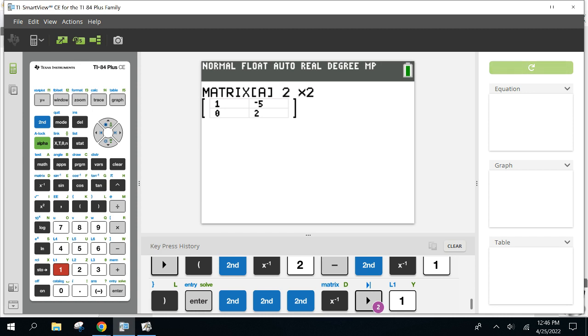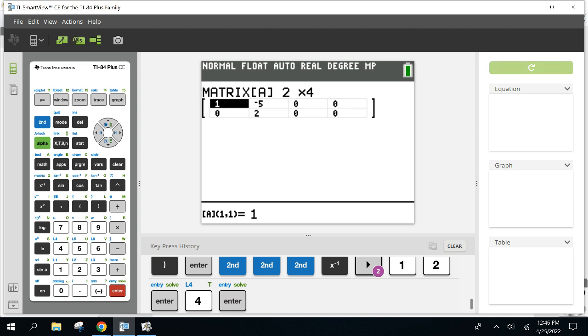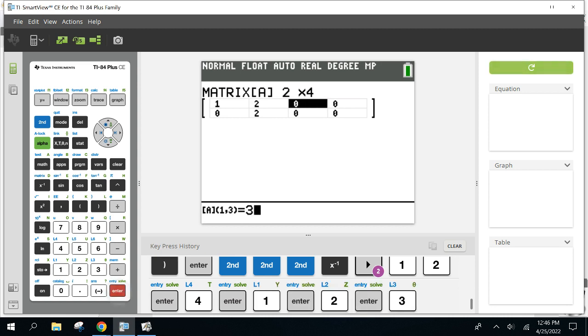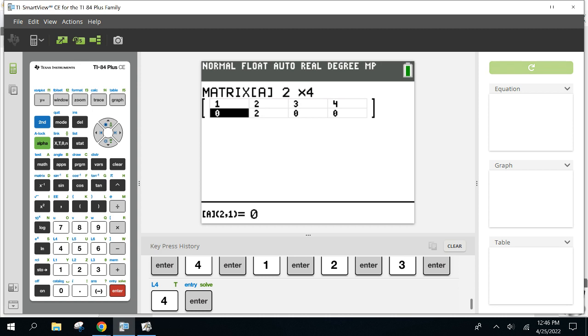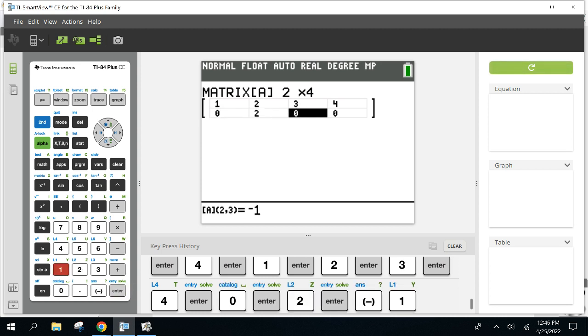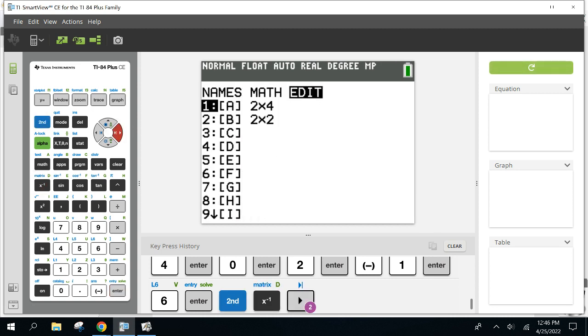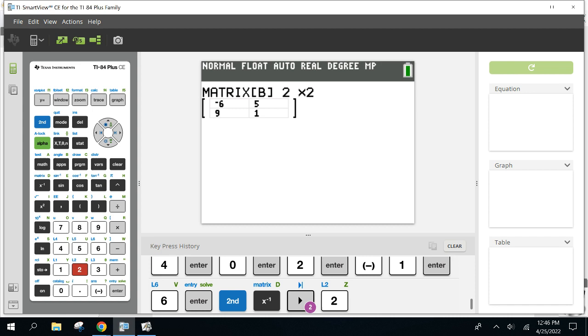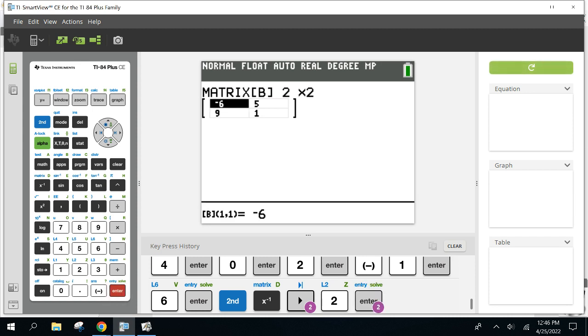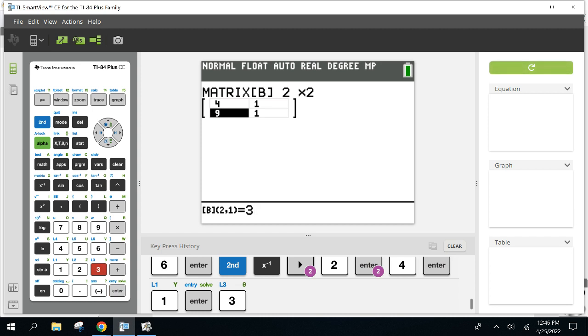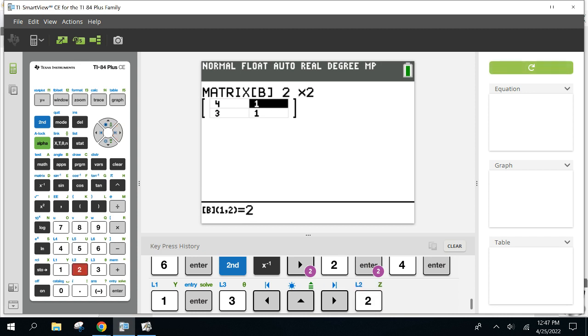And that's a 2x4. And then matrix B, 2x2. 4, 2, 1, 3.